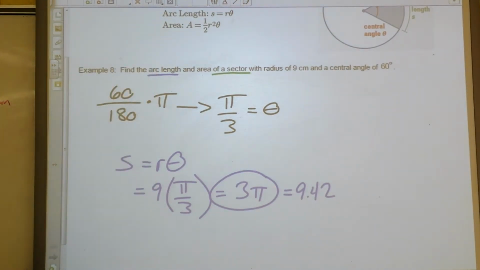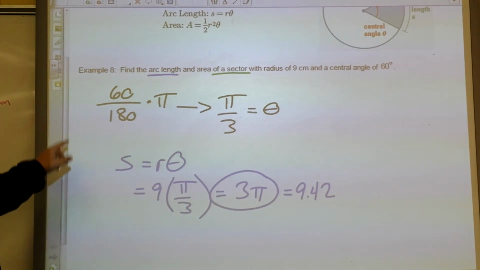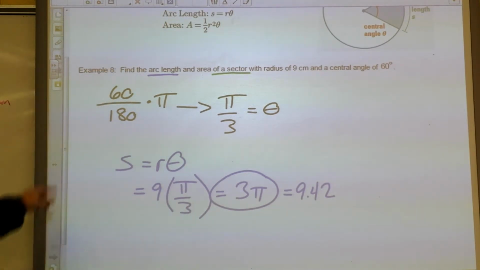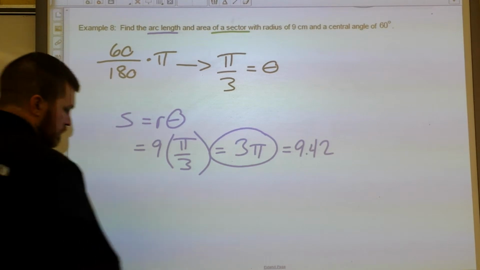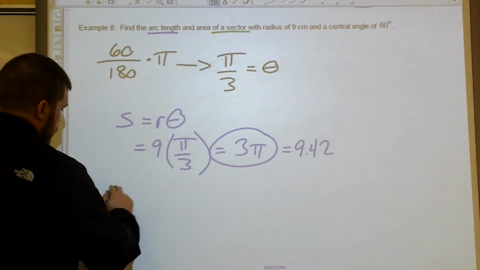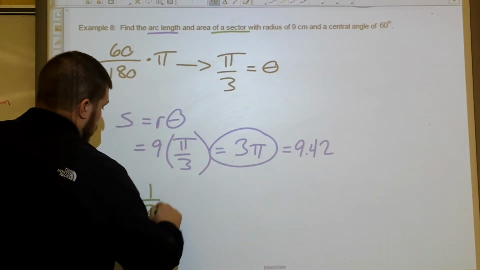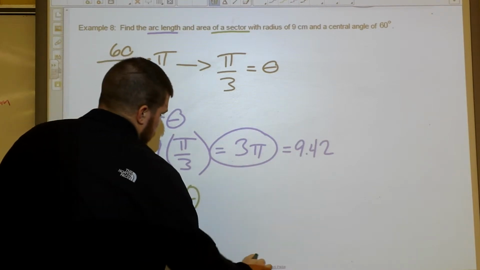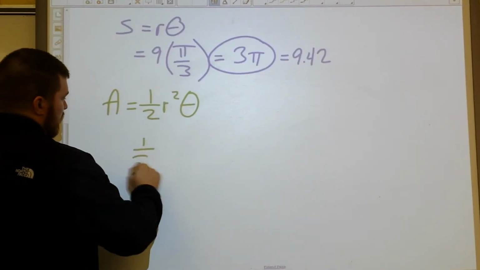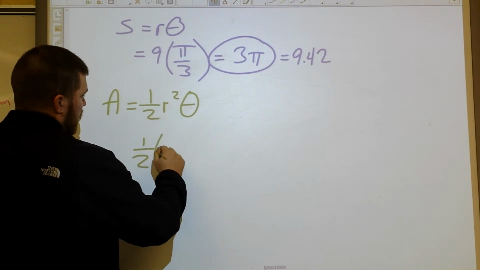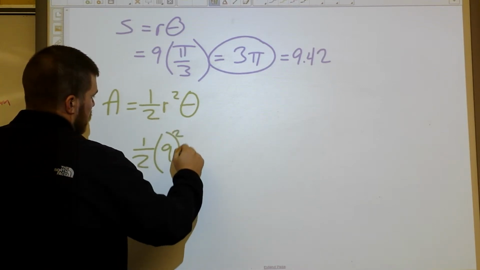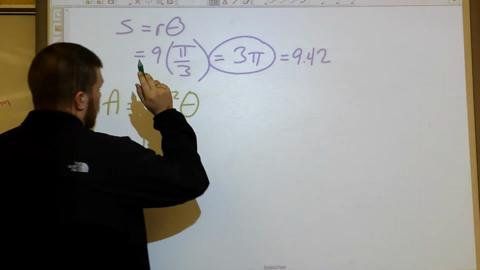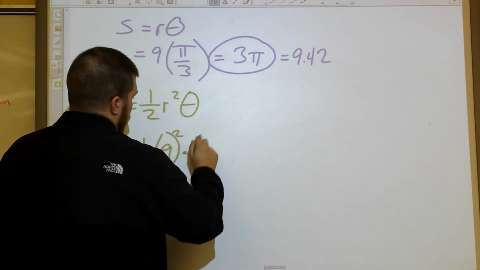Now I want to find the area of the sector using my formula 1/2 r squared times theta. Doing that in green. So I'm going to plug in what I know. So I have 1/2 times my radius squared, so 9 squared, times my theta, which was pi thirds.